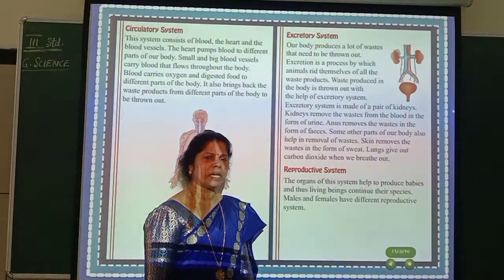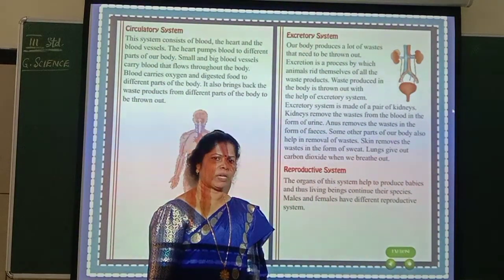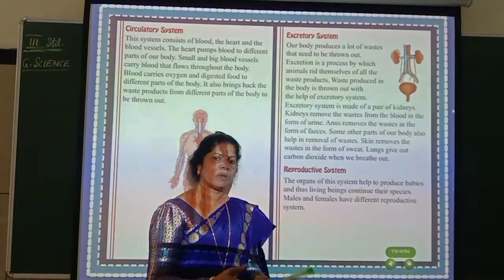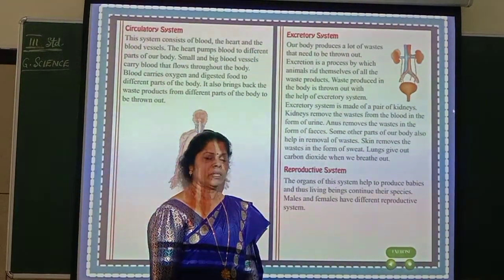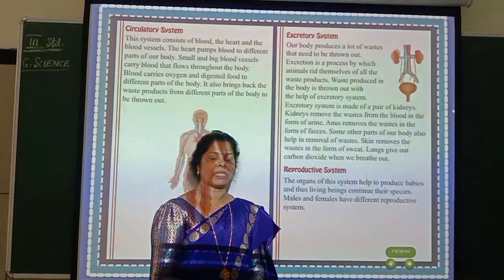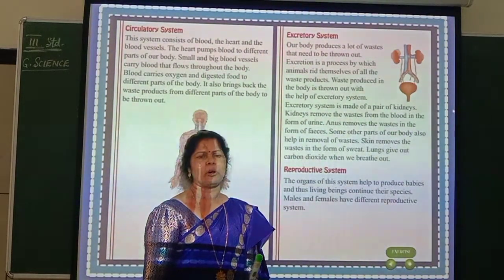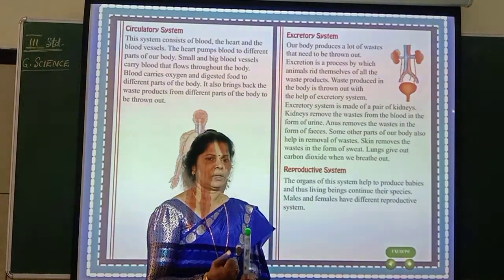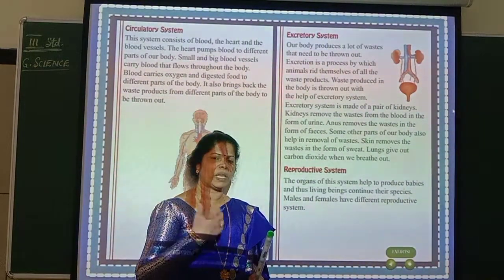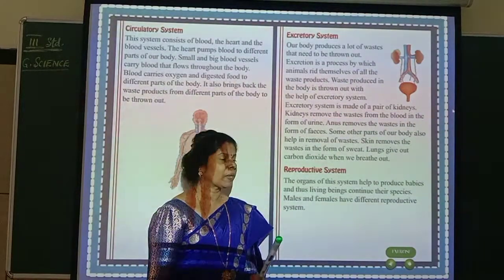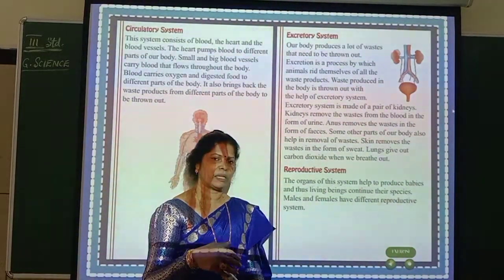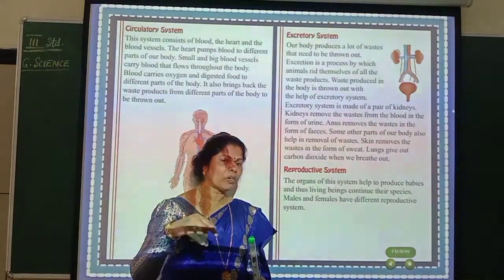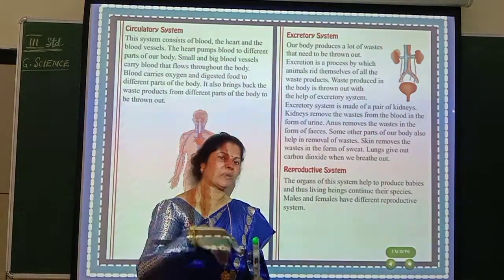So what happens, you know? Every day you'll be drinking water, you'll be eating food and all those things. So the waste materials will be produced in our body. Especially during winter and rainy season, you will go for urine so many times. Your body becomes cold, so you feel that you have to go for urine. But during summer, more urine will not go, but more sweat will be going.